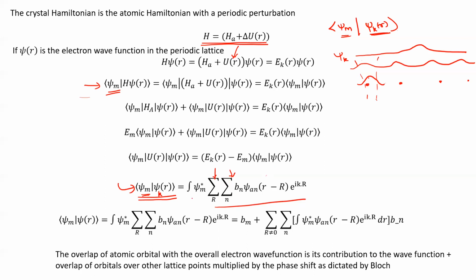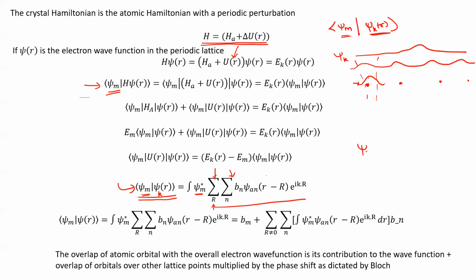It is the overlap of this psi m, one atomic function, versus the whole wave function, which extends through the whole lattice. This summation can be split into two components. One component is when r equals 0. When r equals 0, it is the same lattice point itself. At the same lattice point, this psi m will be orthonormal to all the other atomic orbitals unless it is degenerate.